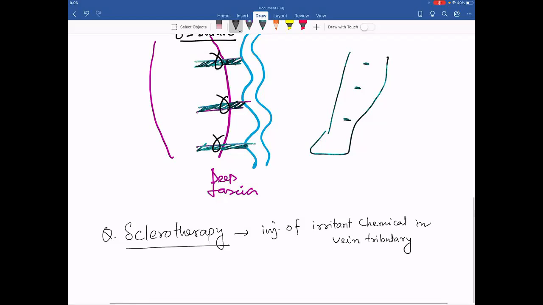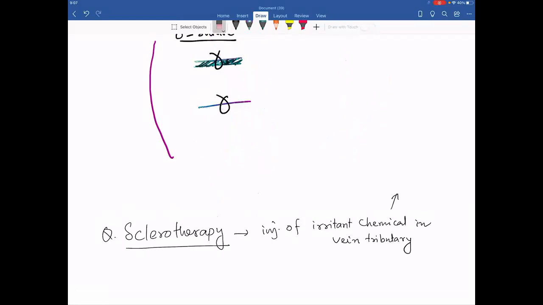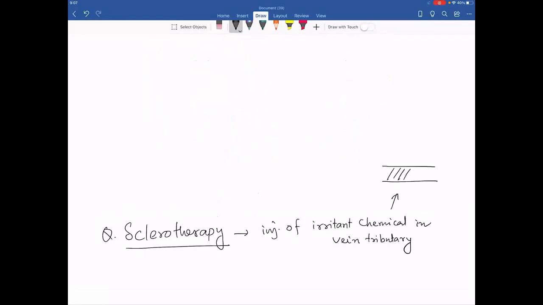Now, when you irritate the vein, there is going to be an inflammation, and inflammation will lead to fibrosis, and that's it, no operation. So if this is the vein wall, and there is an inflammation, this will lead to a fibrosis. This is the logic of this treatment.